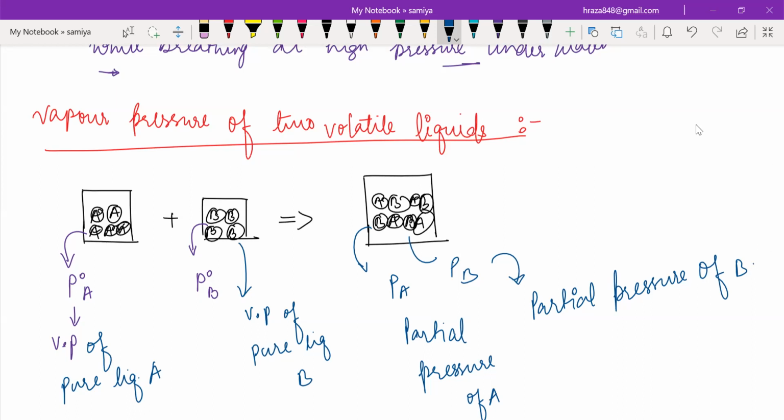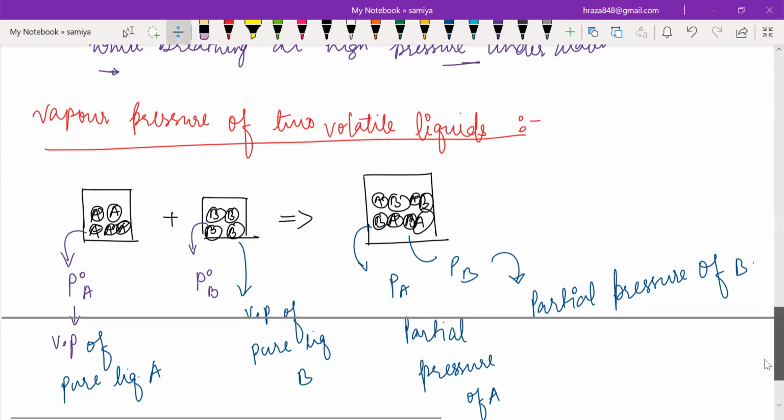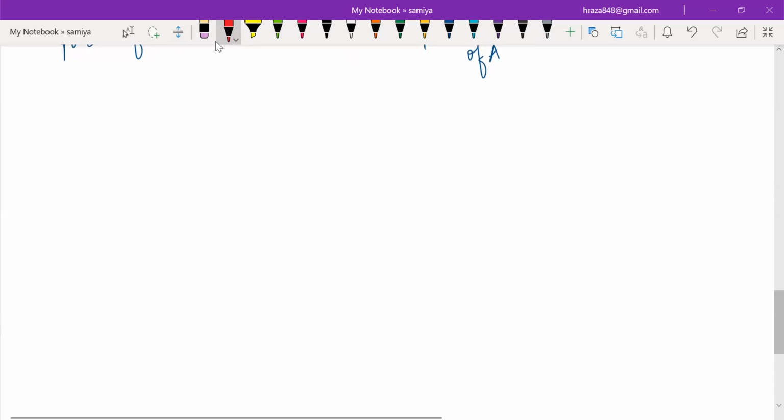So here comes the Raoult's law. So first I'm going to write the Raoult's law and then I will write its mathematical equation.